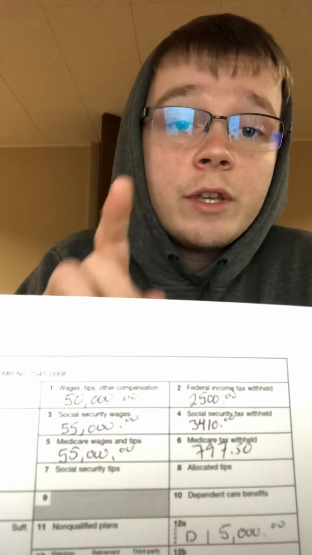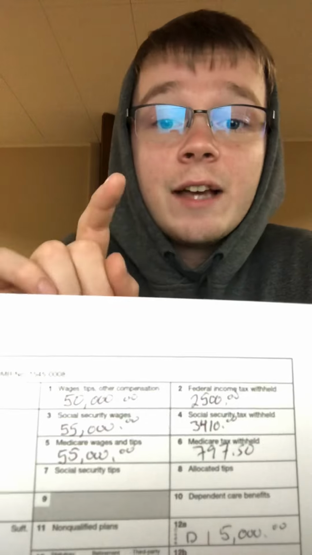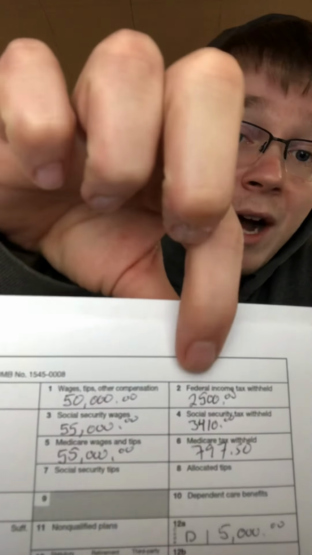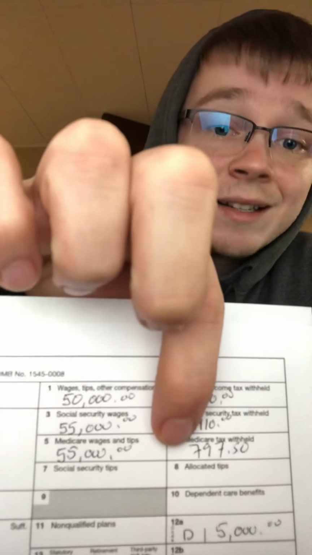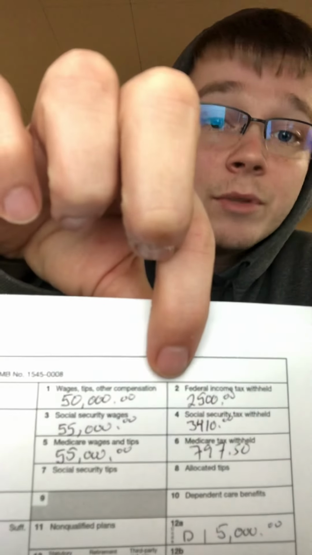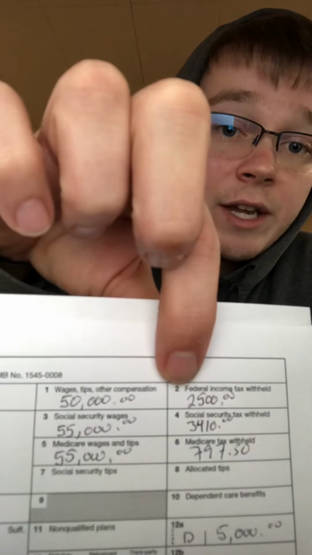Side note, you might have heard me say something along the lines of, you share an article about how like 40% of Americans or something like that don't pay any federal income taxes. When you hear things about federal income taxes, what you're talking about is box number 2. We are not talking about box 4 and box 6. We are talking about box number 2. These are federal income taxes.